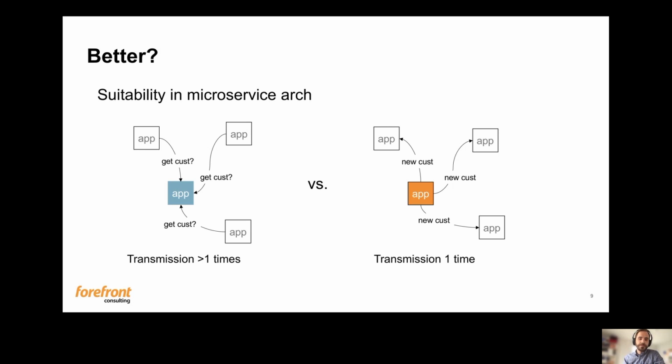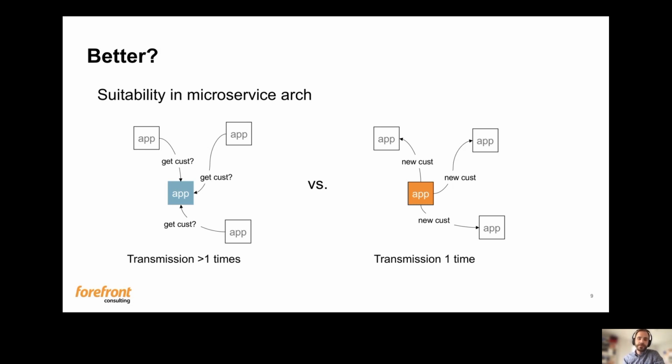So, for instance, this blue application here that handles customers, all the other applications in our systems need to, of course, go to this application and ask to get some customers, get customer 1, 2, 3, for instance. And this will result in a particular customer being transmitted to other applications many, many times, because each time an application asks, get me customer 1, 2, 3, we have to respond with that customer.